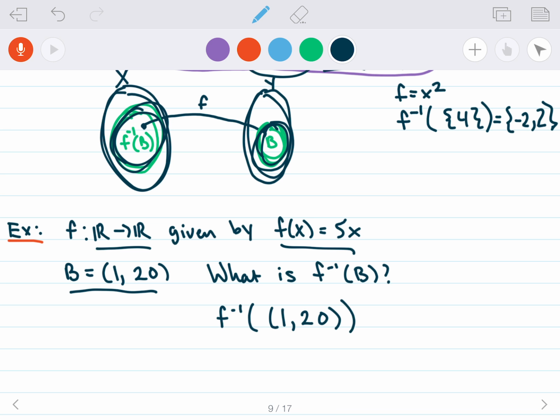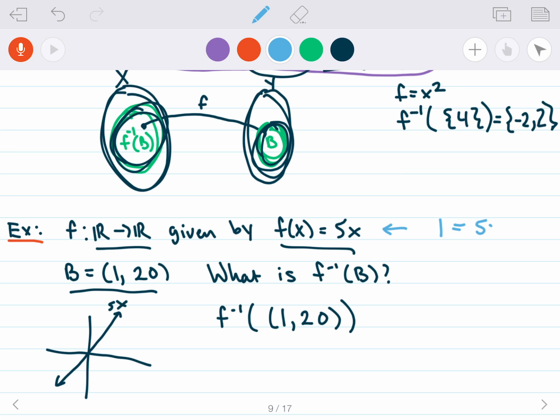Well, we know that this function is increasing. So here's 5x. I know it's a great picture. We know that this thing is increasing, and so we can do this inverse trick, where we say, okay, what happens when f of x is 1?